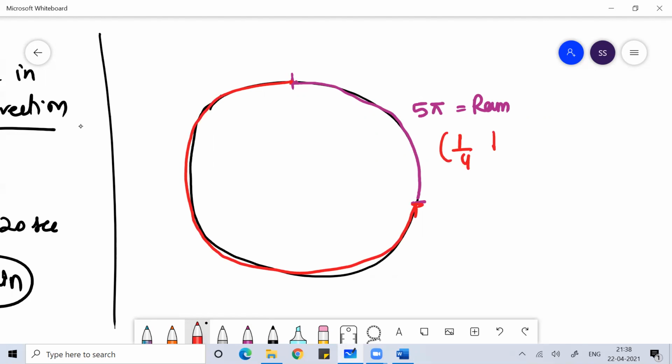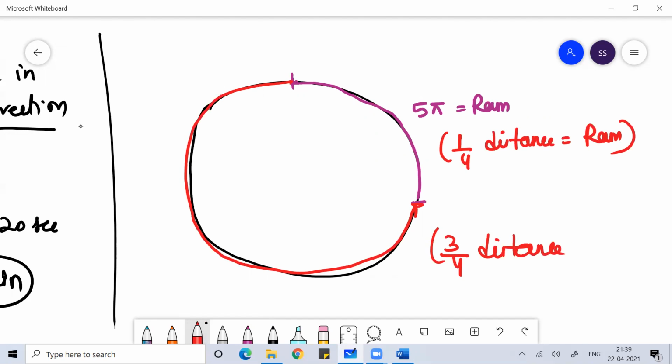One fourth distance Ram has covered, and three fourth distance Shyam has covered, because you know that the speed of Shyam is three times the speed of Ram. So definitely Shyam would cover three-fourths of the distance. So this is the first meeting point.